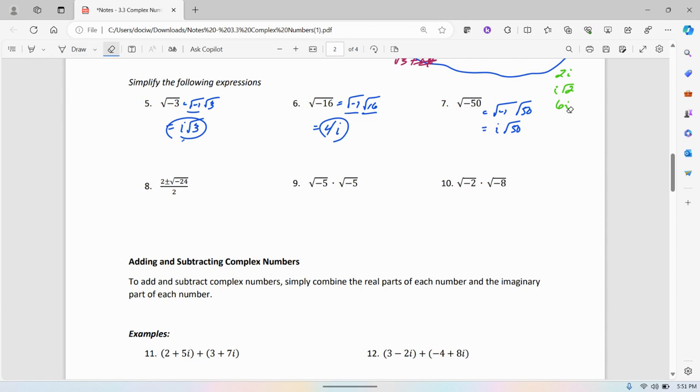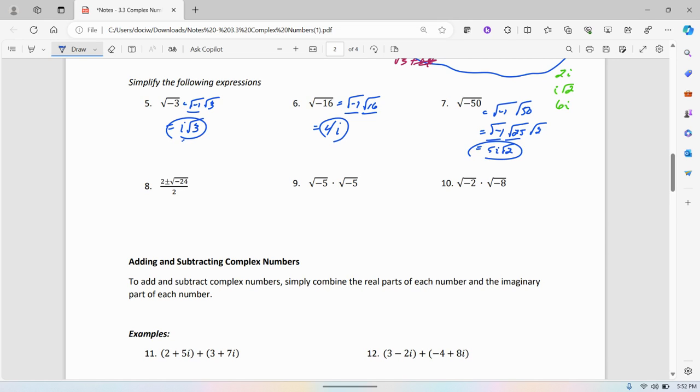So before doing this step, what I like to do is say, okay, I've got my square root of negative 1, but 50 can be factored into 25 times 2. So the square root of 50 is equal to the square root of 25 times the square root of 2. The square root of 25 is 5. The square root of negative 1 is i. And the square root of 2 is ugly, so we just leave it: 5i root 2.